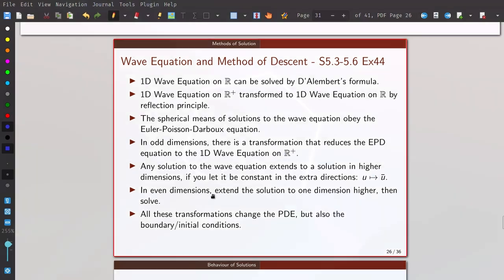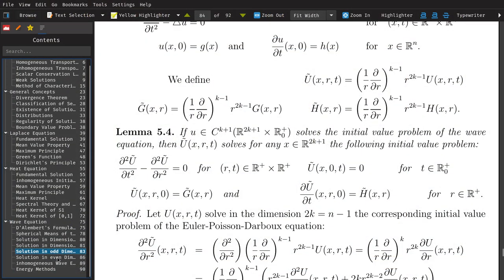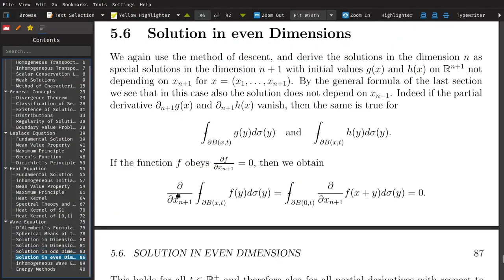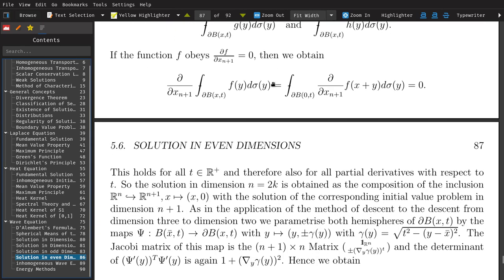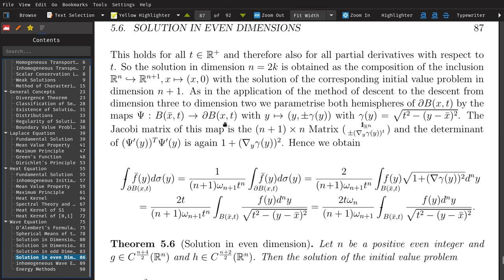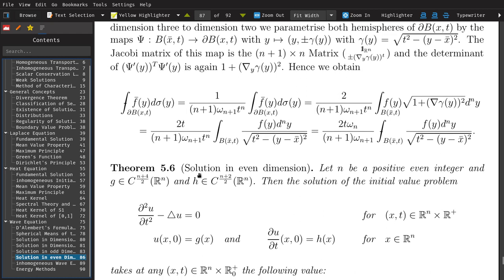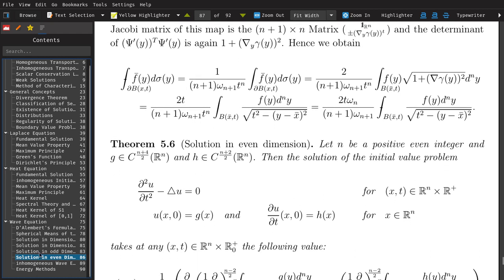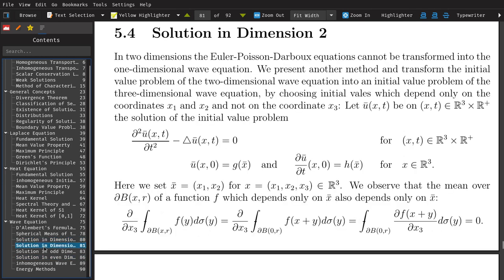So if you look again in the script, this is this operation here with n plus 1, where you add here, and it's all these functions with a bar. These functions with a bar mean the extended solution in the higher dimension. I think this is explained in dimension 2.